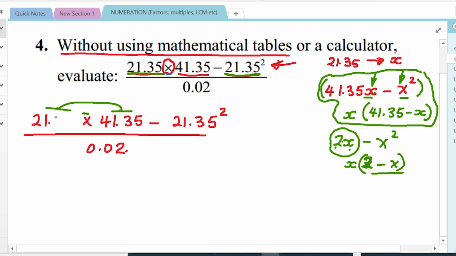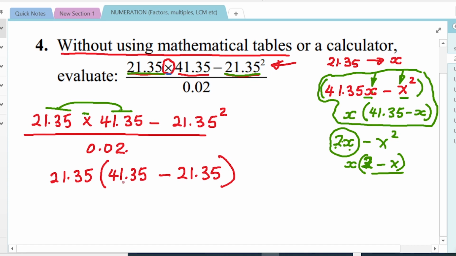This is 21.35, so it means that this is going to become 21.35 put outside the brackets, times what remains here: 41.35 minus 21.35, divided by 0.02.